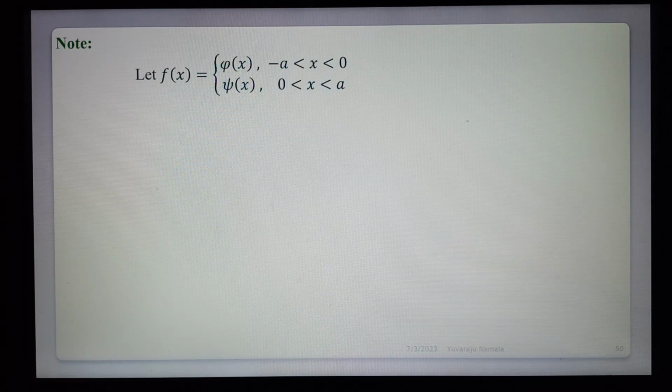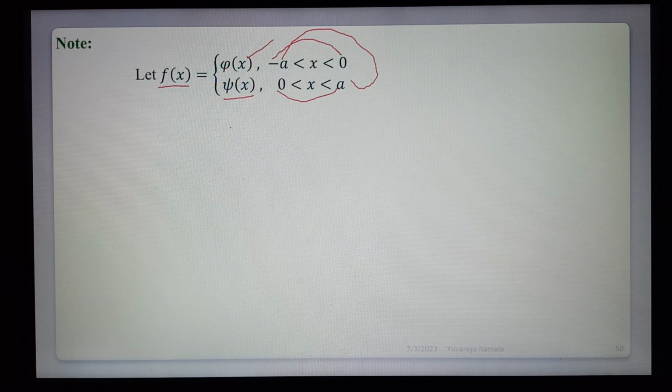Note, this is one of the definitions for even and odd functions. So f of x is given in two cases: f of x is equal to phi x in the interval minus a to 0 and psi x in the interval 0 to a, a complete interval minus a to a.